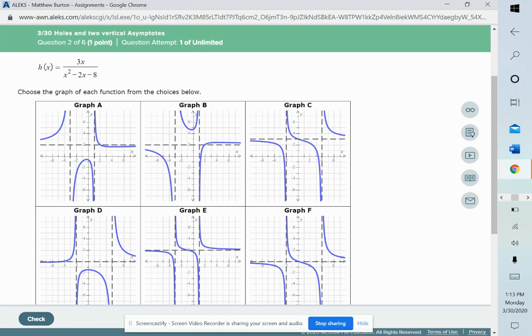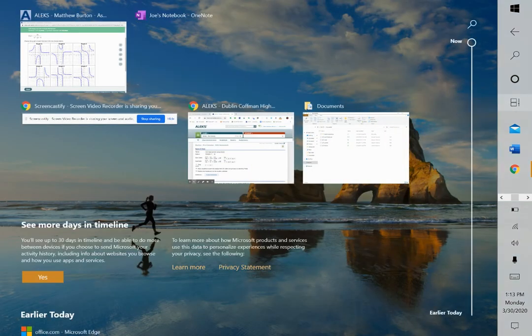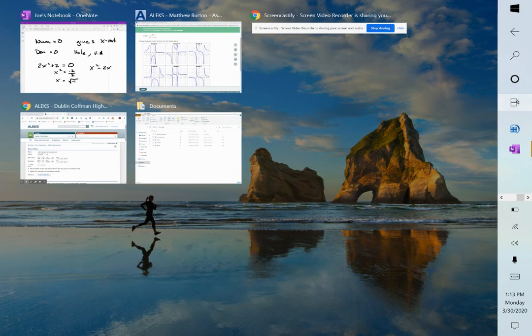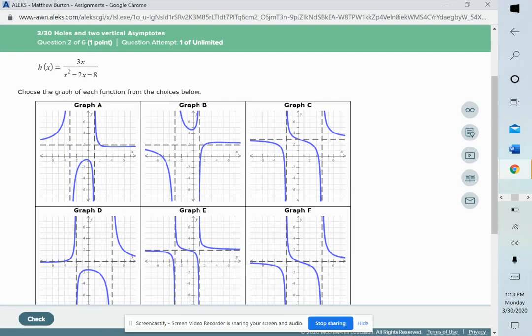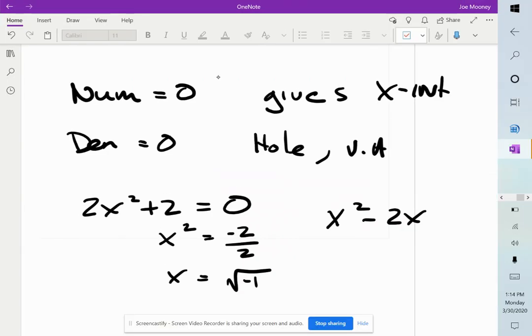Now let's see what the vertical asymptotes are. So I'm going to factor x squared minus 2x minus 8. What multiplies to -8 and adds to -2?